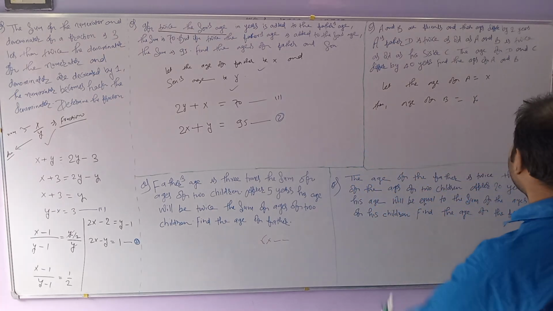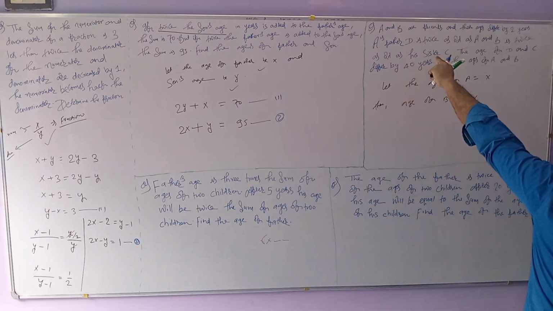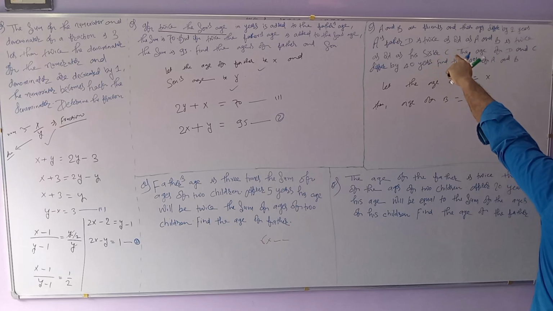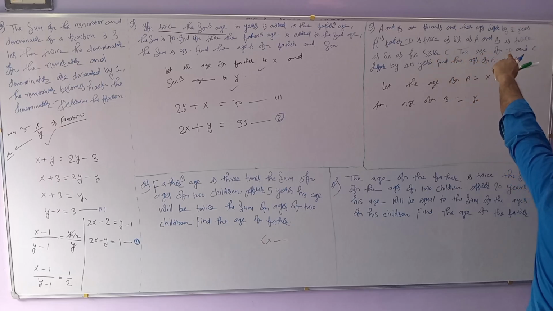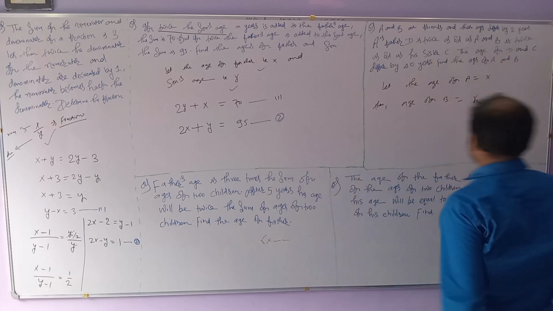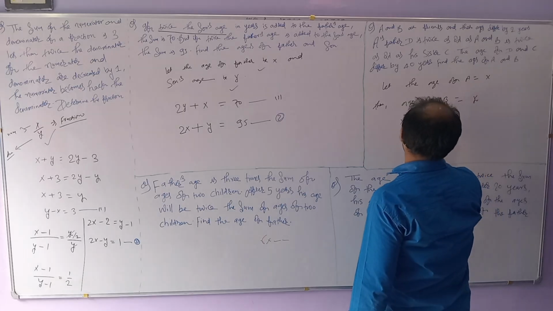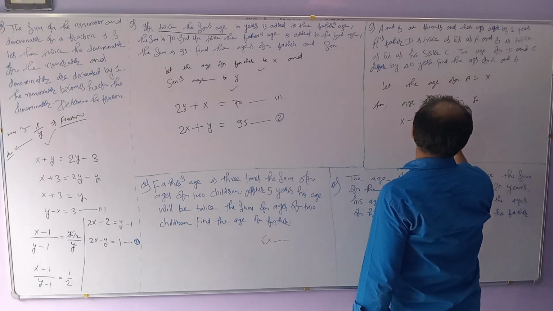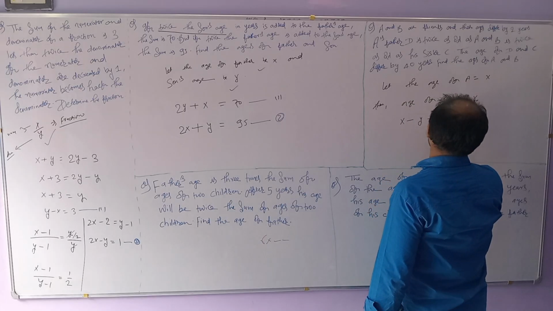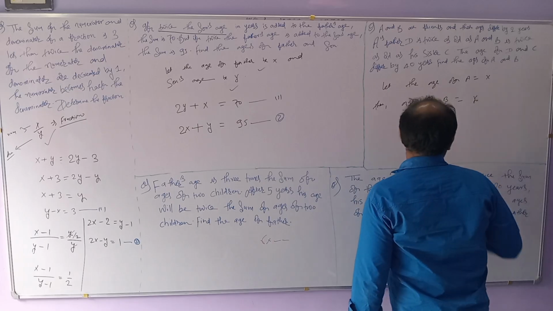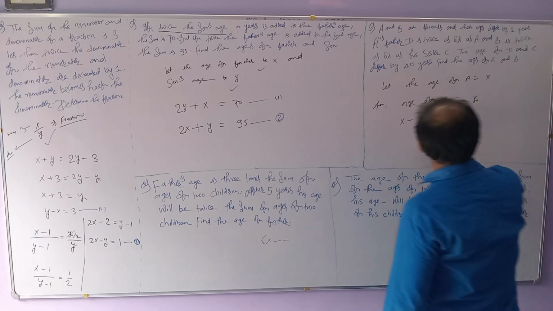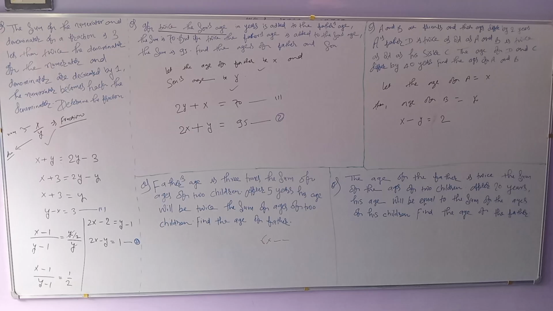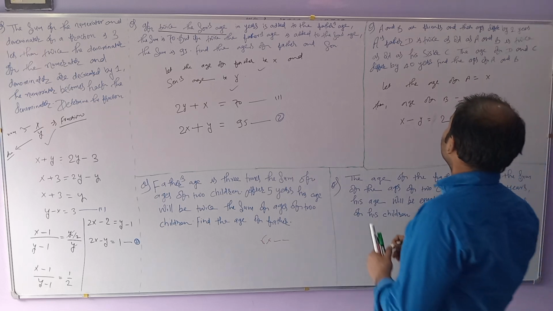Again, the assumption: A and B are friends and their ages differ by 2 years. So x minus y is equal to 2. And we also take a plus minus sign, because it matters who is greater with respect to the other.